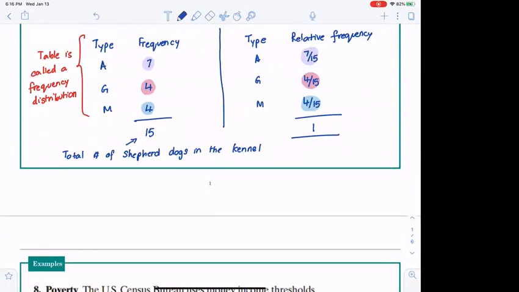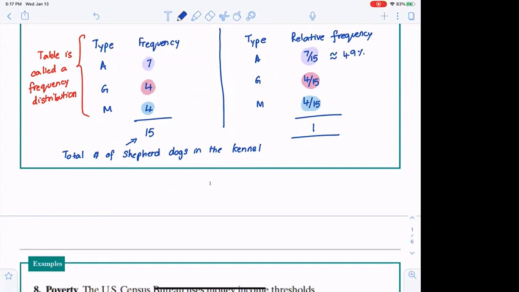So what is the purpose of having the relative frequency? It sort of gives us the exact percent just by looking at the frequency distribution. So I can say, well, I have 7/15, so approximately 49% of the dogs in the kennel are Australian Shepherds.